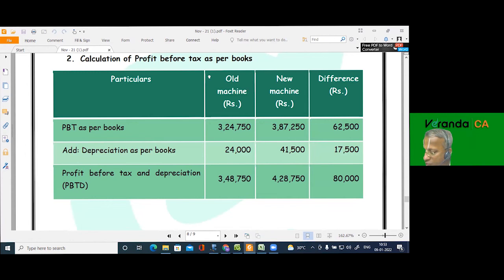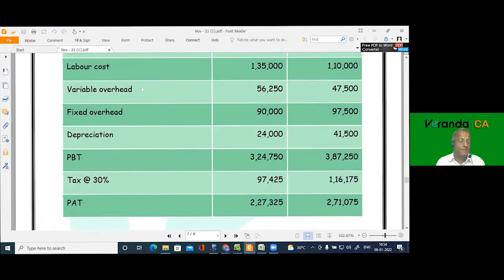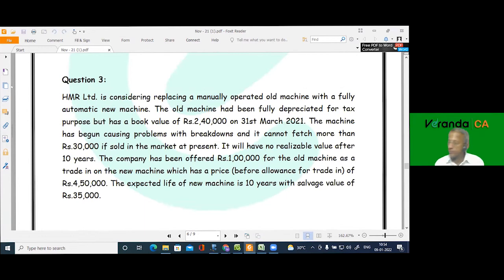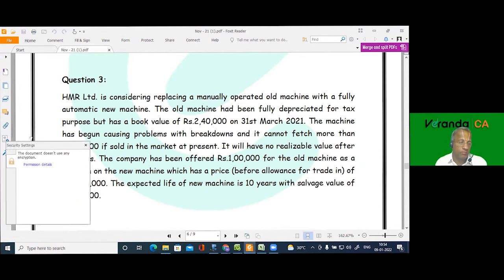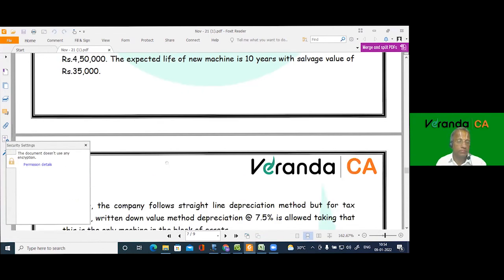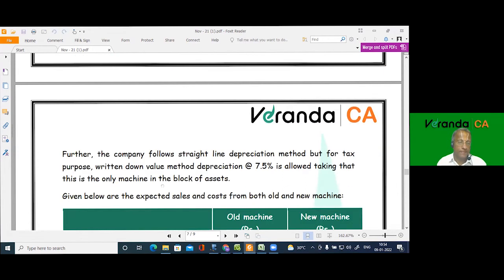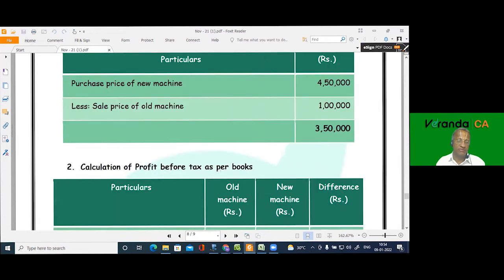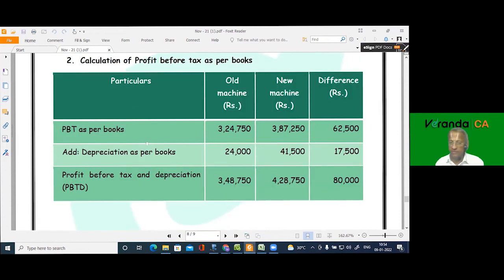41,000. 4,50,000 into 0.075, that is 7.5%, comes to 33,750. As they mentioned, 41,500.